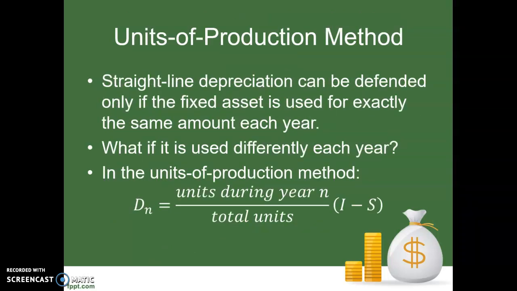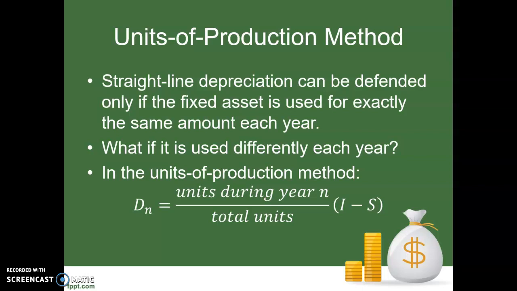Okay, the last type of book depreciation that we're going to look at is the units of production method. And this might actually be one of the more honest ways of looking at depreciation, I guess you could say, or at least it ties the depreciation to a measurable quantity. So with the straight line method, you're just taking the value and evenly dividing it up over the number of years.